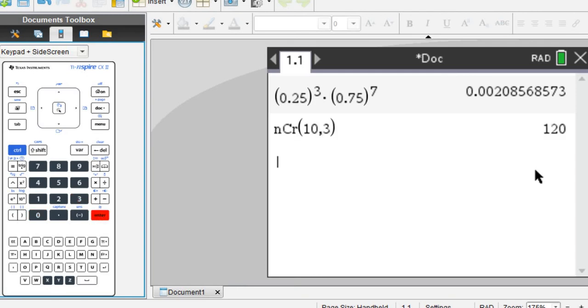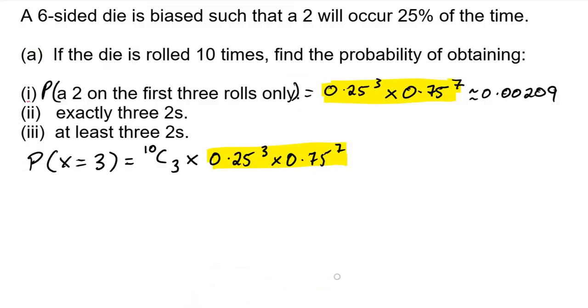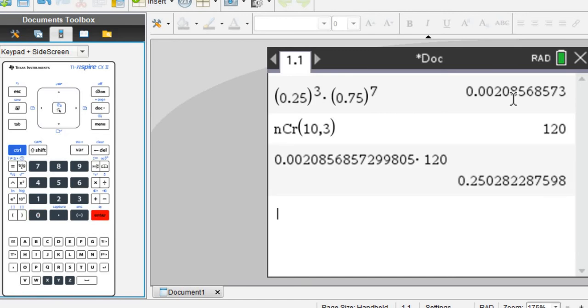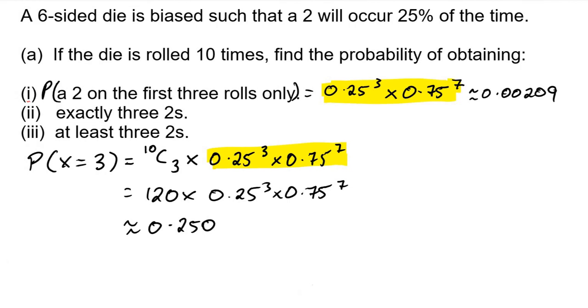What that means is that there are 120 different combinations where we can have 3 successes from 10 trials. And so with that, we would multiply our answer from part 1 by 120, which is 0.250. And we want 3 significant figures.